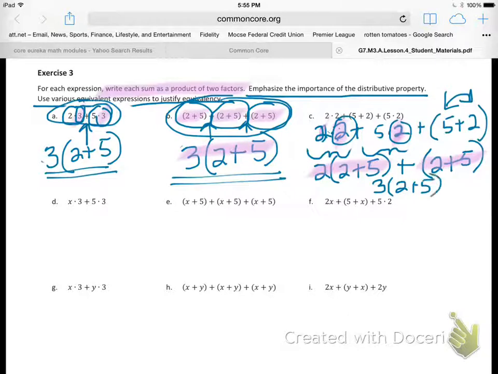So this initial expression, after I have used my associative property, my commutative property, and written the sums as products of two factors, I end up with this, which is kind of interesting, exactly the same as this over here.